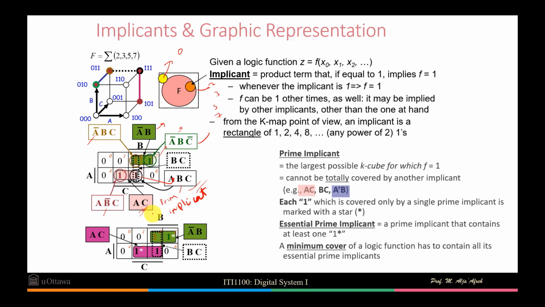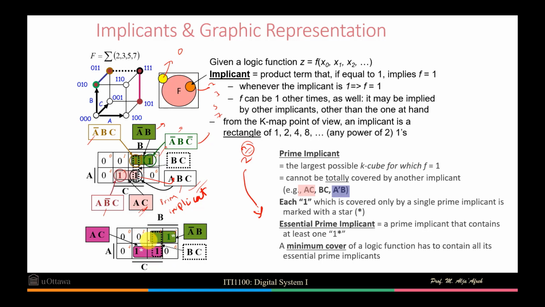Okay, when it comes to the essential prime implicant, how can we capture and discover the essential prime implicant? We go to our Karnaugh map again, and we look at the one, and if it cannot be grouped in any group of 2 to the power n, where n is the number of variables, that implicant formulated from this one will be called an essential prime implicant.